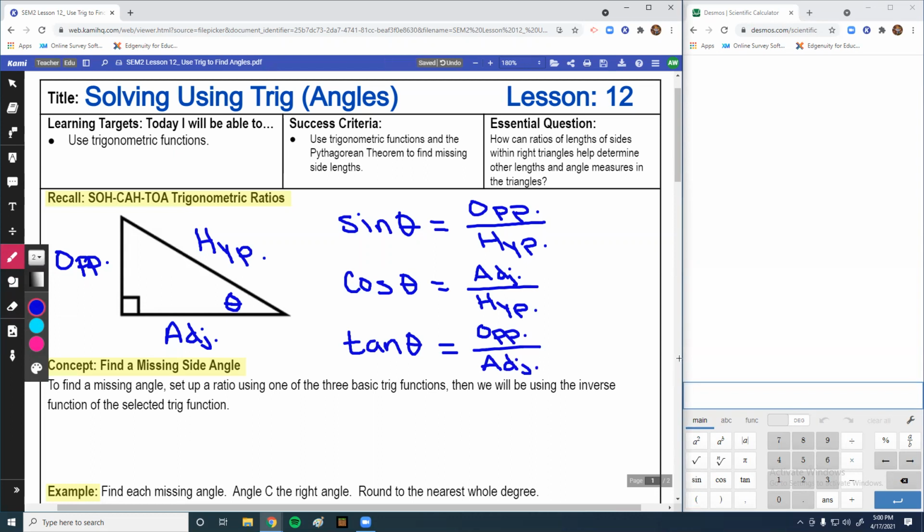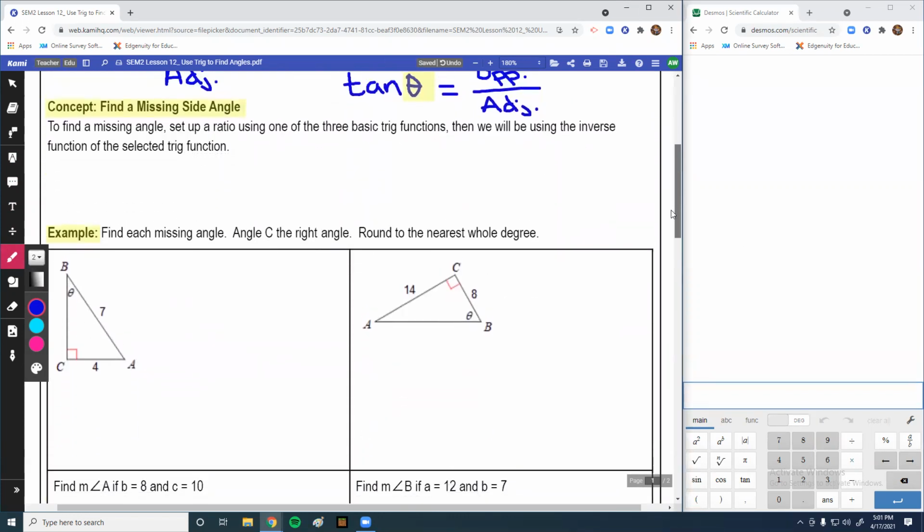Now, in lesson 11, we solved for one of the three sides. But here, we're going to be solving for the angle. So you really need to be aware of your calculator and the steps we're going to take to solve.